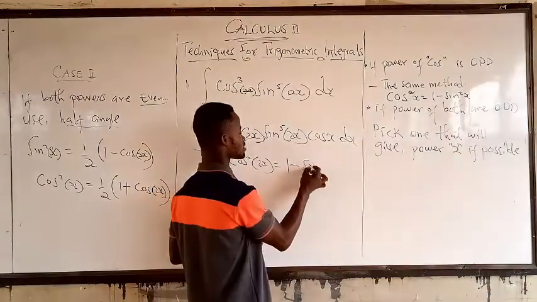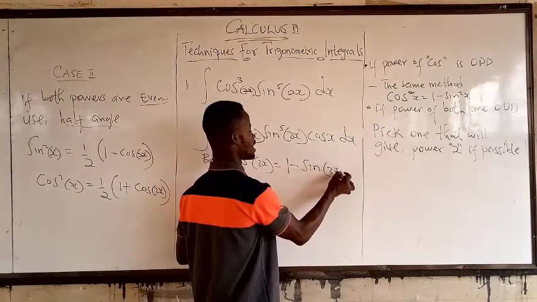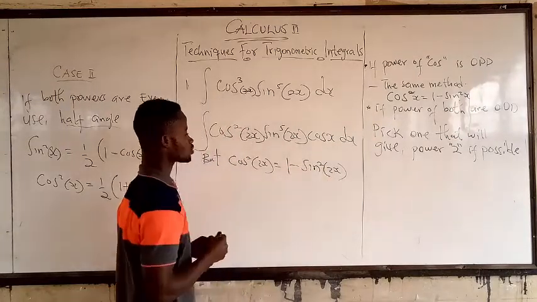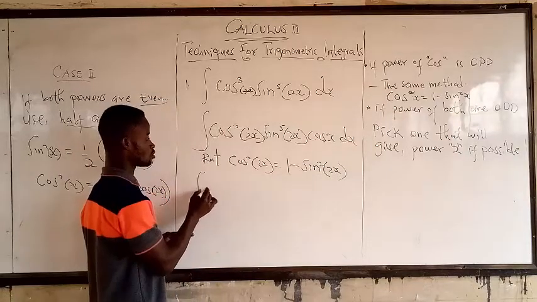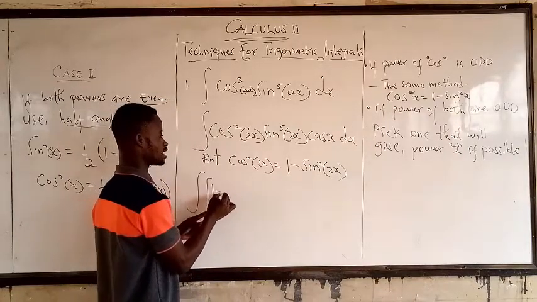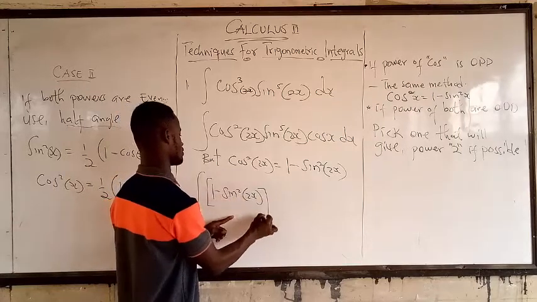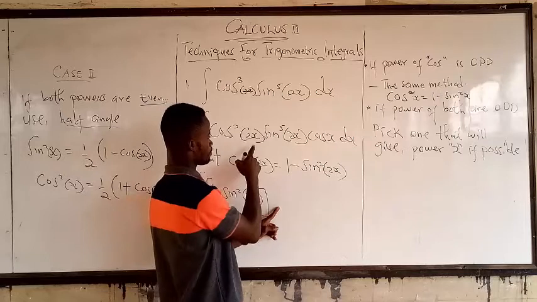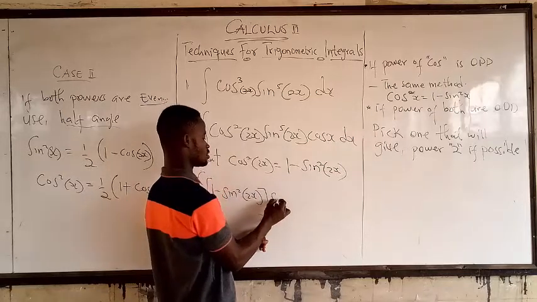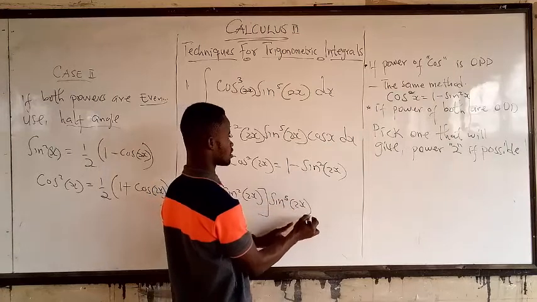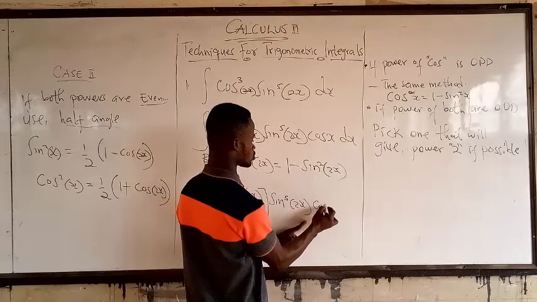So by substitution, we get 1 minus sine square 2x, times sine to the power 5, 2x, then cos 2x.